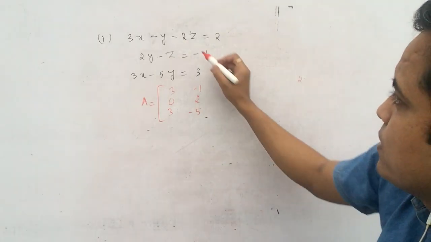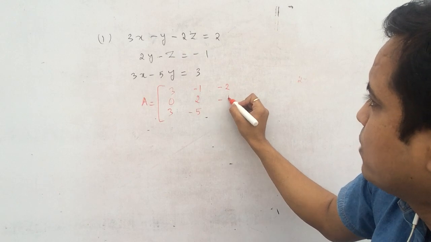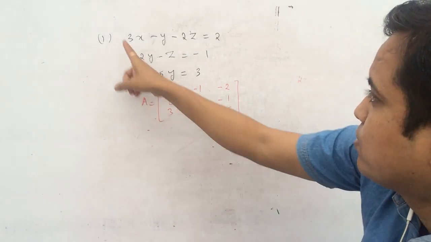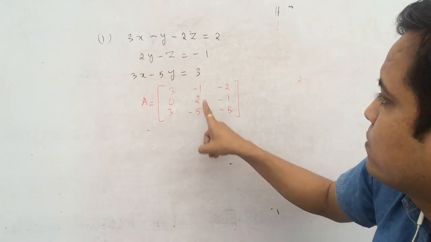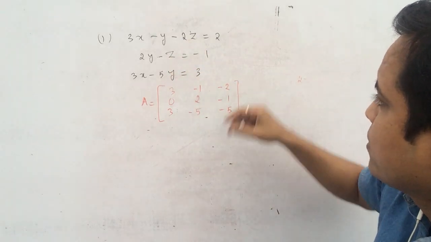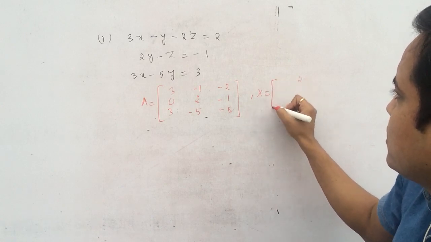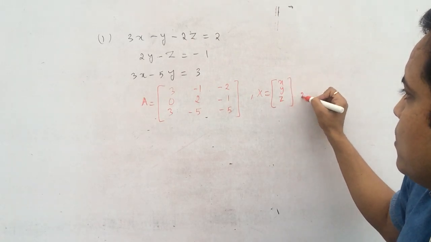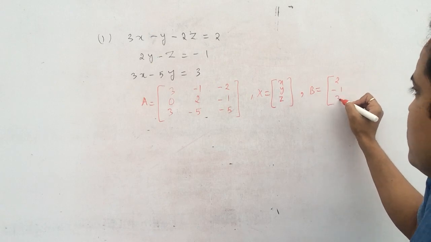The coefficients of z are minus 2, minus 1, and 0. So the matrix is 3, 0, 3; minus 1, 2, minus 5; and minus 2, minus 1, 0. The variable matrix is x, y, z, and B is the constant matrix 2, minus 1, 3.